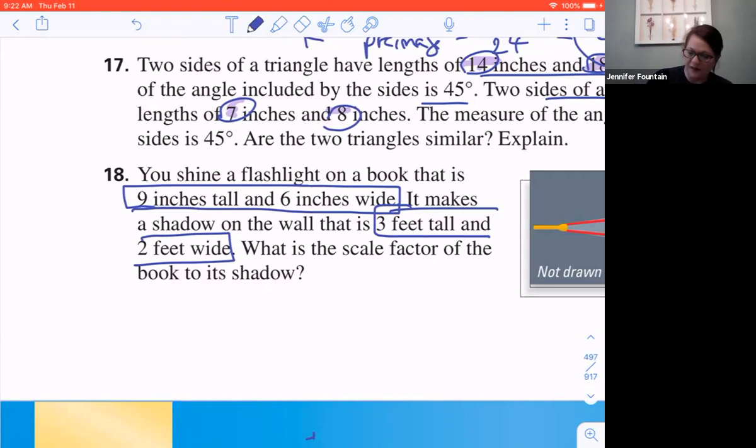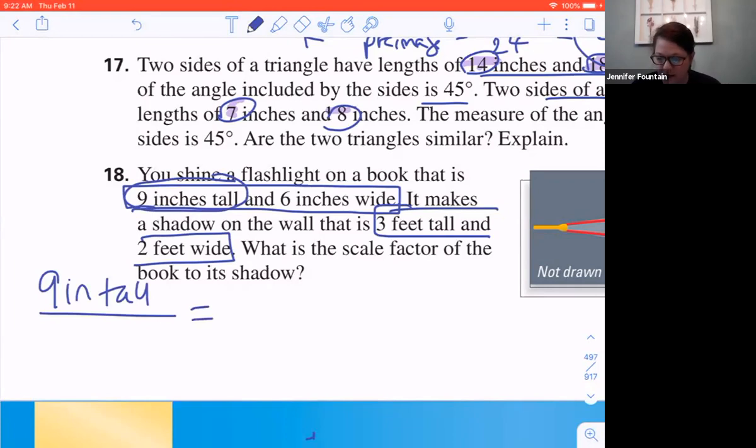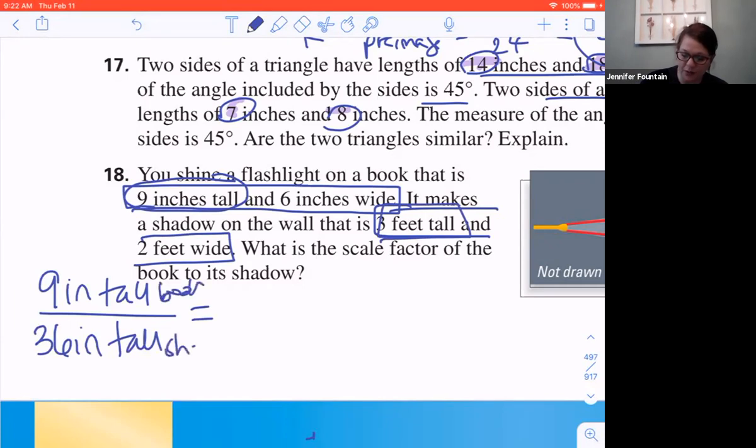So if I'm comparing my height, let's go ahead with 9 inches tall. And I want to compare to the height of the shadow. They said it was 3 feet tall. How many inches are in a foot? 12. So 3 times 12 is going to be 36 inches tall, right? So I've got book over shadow.